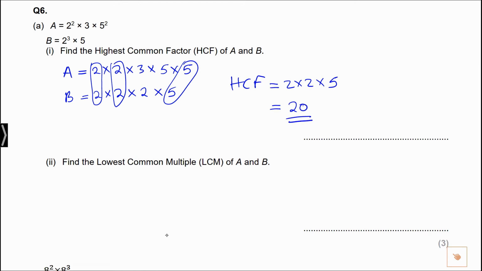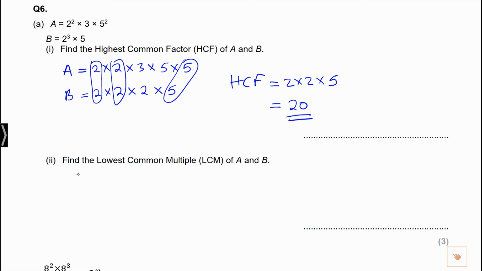And then for the lowest common multiple, basically what we shall do here is, from what we have above, we have 2 multiplied by 2 multiplied by 5 being the highest common factor.